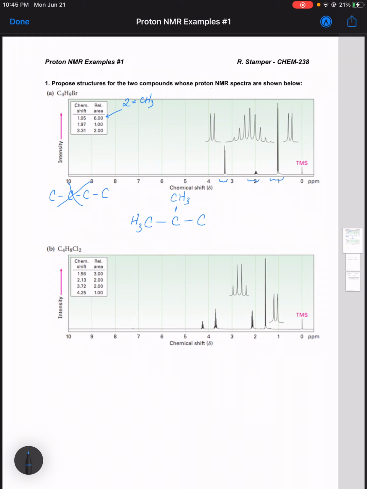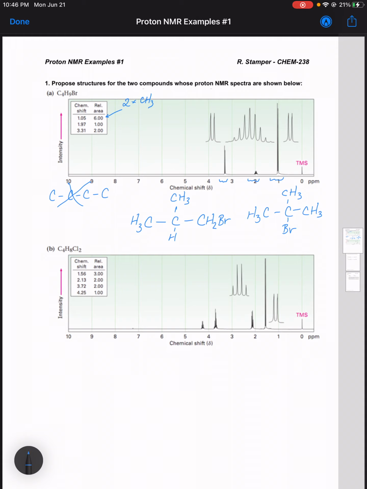And then we just have to figure out where the other hydrogen and bromine atoms are. So if we draw out our 2 possibilities here, we could have this backbone structure where I have the bromine on the central carbon, or I could have a hydrogen on that central carbon and bromine on the end. Those are the only 2 structures you can come up with that fit the 2-methyl sort of structure as well as this formula.